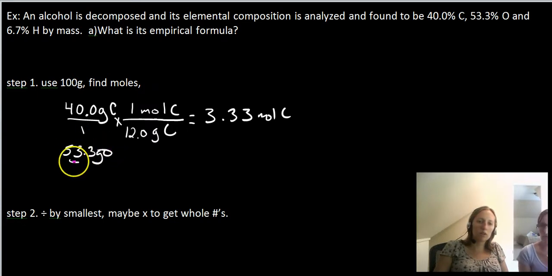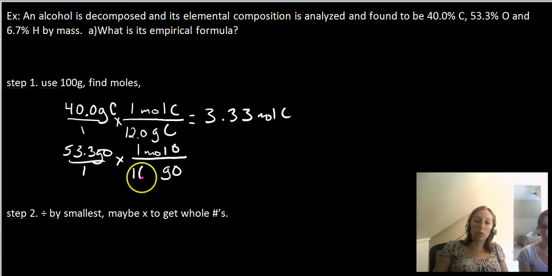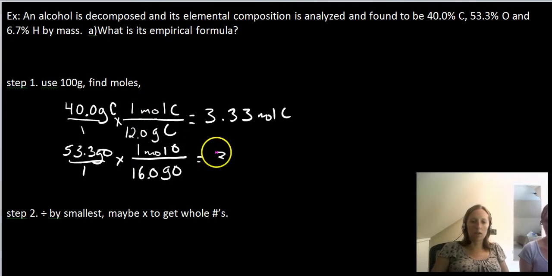53.3 grams of oxygen, and same deal. And I happen to remember the molar mass of oxygen too. And 53.3 divided by 16 is, how about that? 3.33.